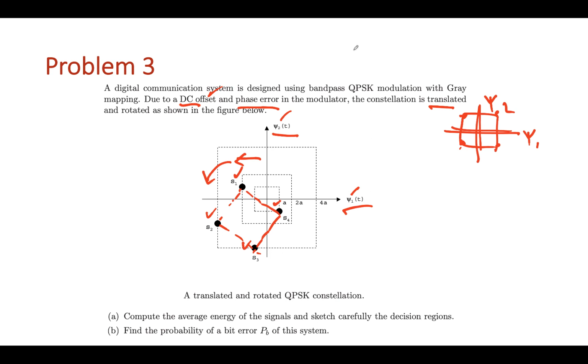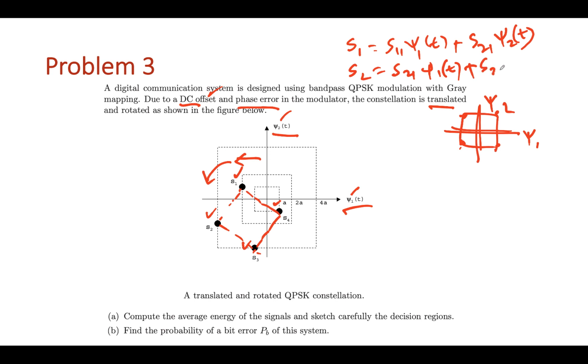Basically, you can write all the signals. S1 can be written as S11 psi1(t) plus S12 psi2(t), and S2 as S21 psi1(t) plus S22 psi2(t).